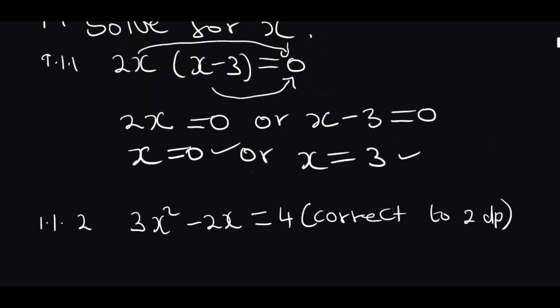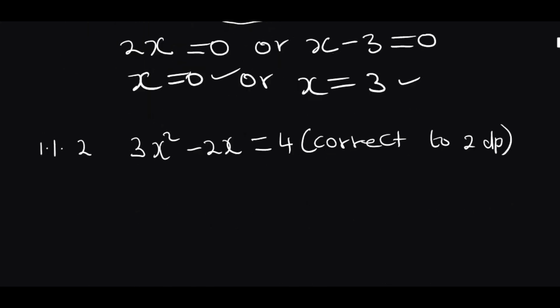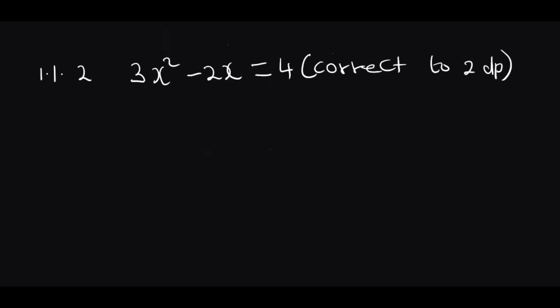Now, viewers and learners, let us move to 1.1.2 where again we are required to solve for x. It is stated that we need to correct to 2 decimal places. Once you see that, it tells you that you need to use the quadratic formula. Firstly, we need to write this equation as a quadratic equation.